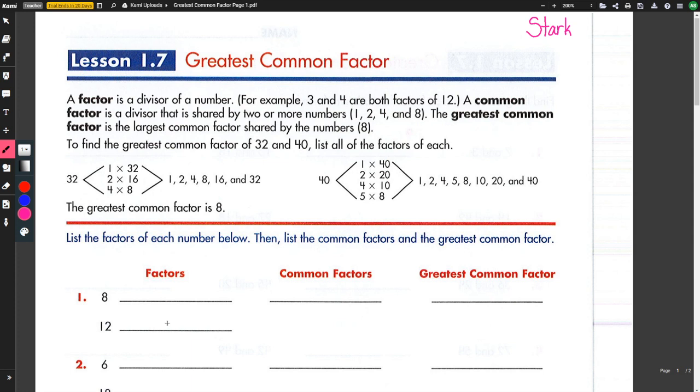So 1, 2, 3, 4, and 8. And as you see, between 12 and 8, 4 is shared. The greatest common factor is the largest common factor shared by the numbers.